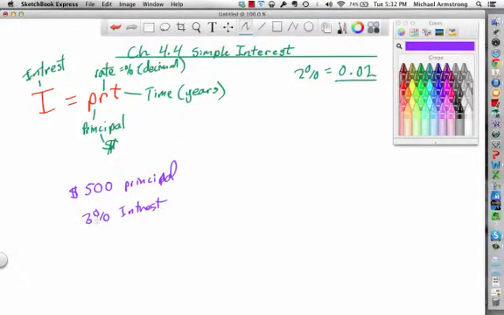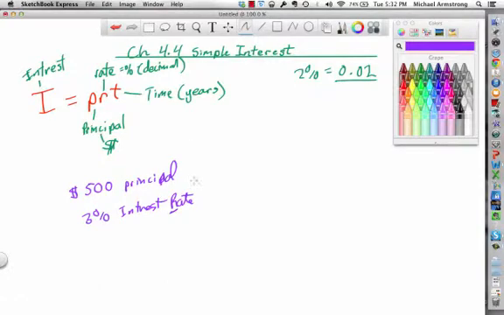I know it says interest, but it's your rate. 3% is your interest rate, so it's easier to remember that it's the R. Per year, what is the interest you've earned after 3 years?